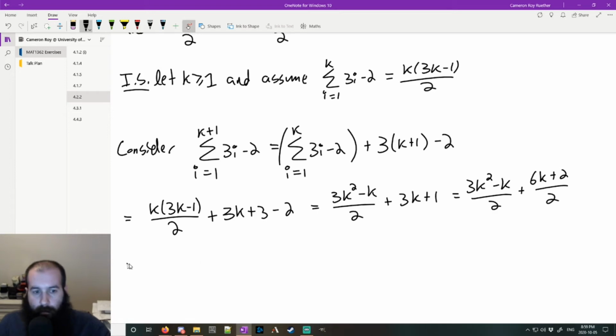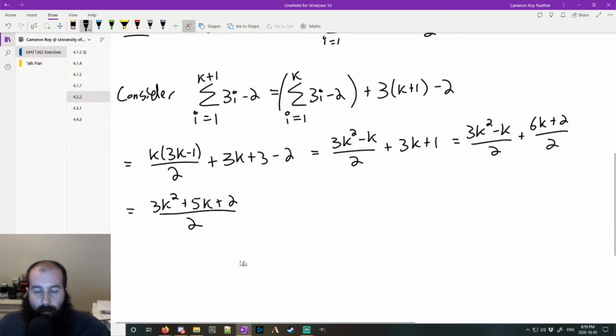And so we get that this is 3k squared plus 5k plus 2 all over 2. Now this doesn't immediately look like the right-hand side at the k plus 1 case, but we can also consider the next version of the right-hand side.